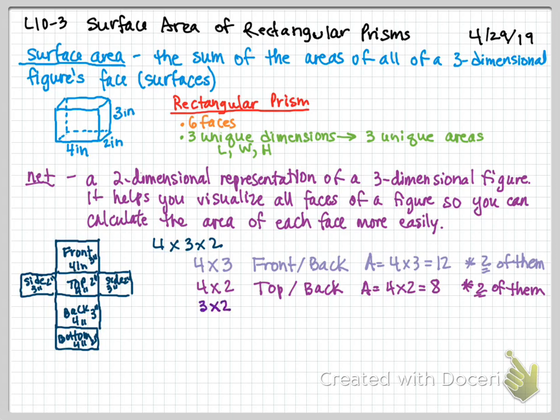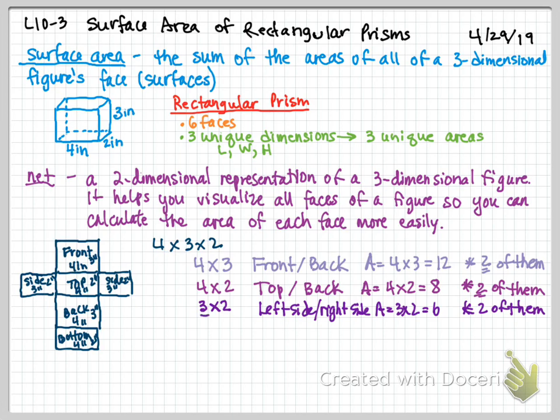And that's going to be side 1 and side, or the 2 sides. So I'm just going to say left side, right side. And the area is going to be 3 times 2, or 6. But remember, that's just for one of them. We have 2 of them.